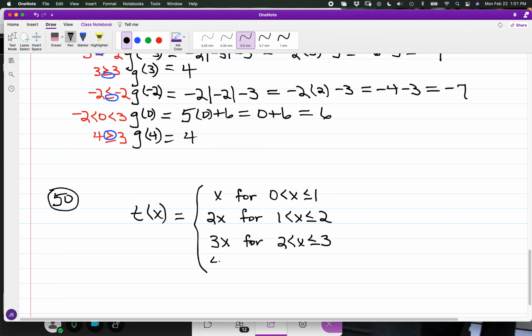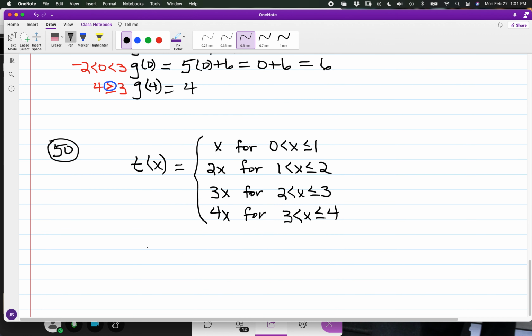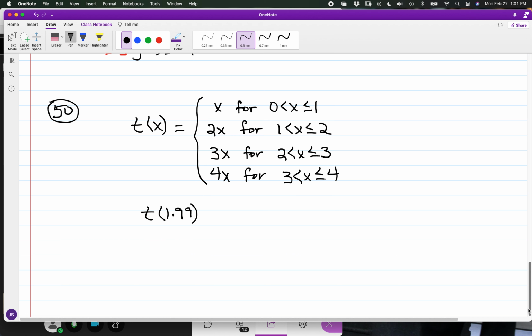And finally, t of x is equal to 4x for those values of x such that 3 is less than x is less than or equal to 4. And so we have the various input values. Here we have t of 1.99, and 1.99 is going to fall between 1 and 2.